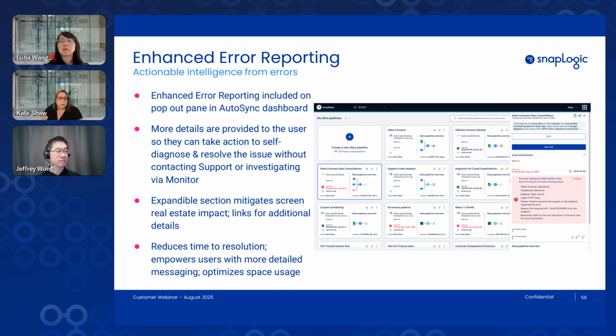For example, if one of your credentials has expired, that will be the note you get, so you know that you can go into that pipeline, change the credential, and everything should work again. This does mean you should be able to self-serve within the AutoSync screens rather than having to work out what is going on via Monitor. That's great, especially if you've got business users who don't work with Monitor on a regular basis.